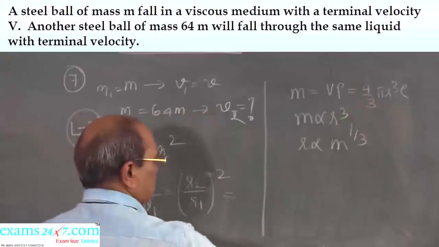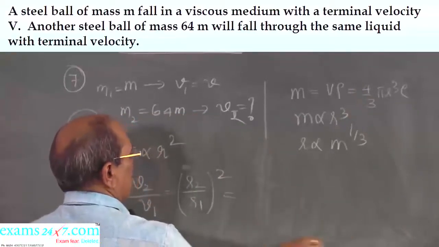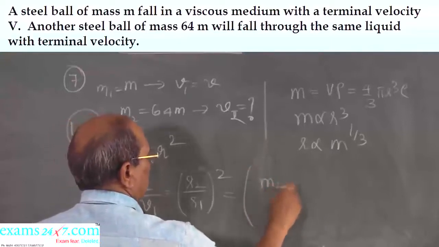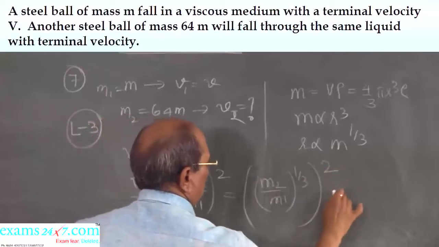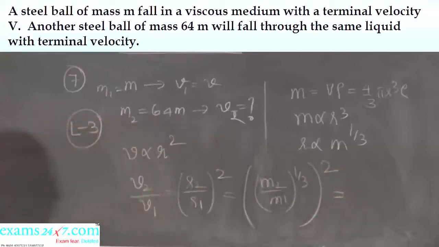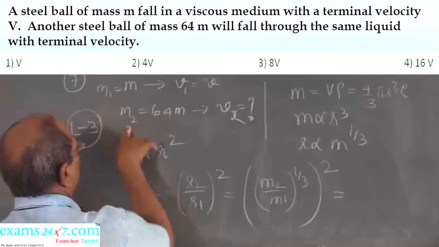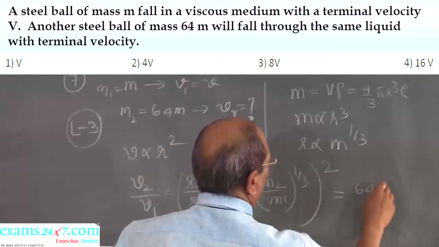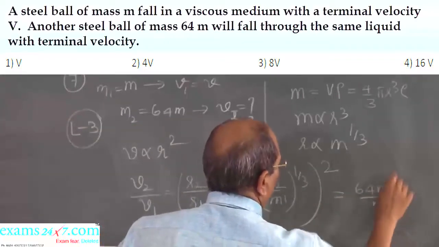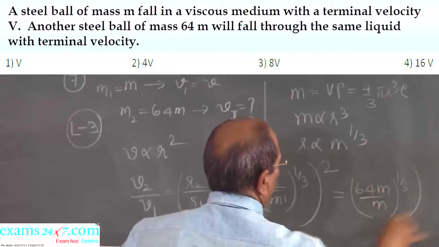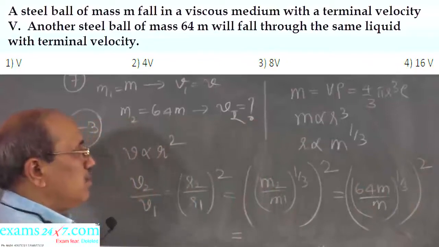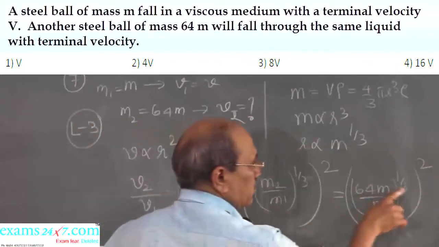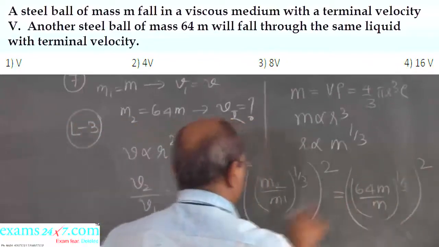Now I can write this as m2 by m1 to the power of 1 by 3, whole power square. Our answer is available. What is m2 by m1? m2 by m1 is 64 m by m, to the power of 1 by 3, to the power of square. 4 cube is 64, 4 square is 16.